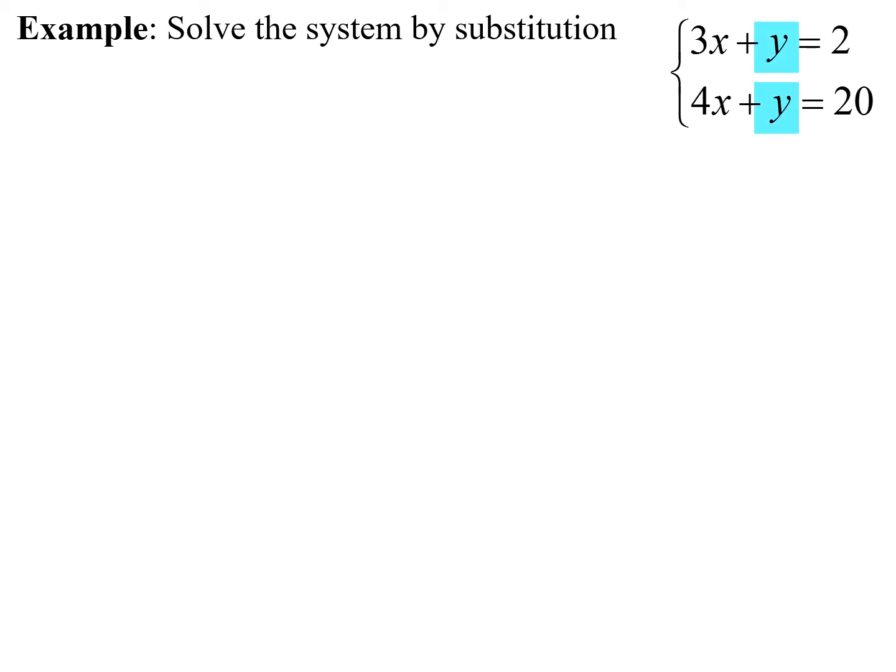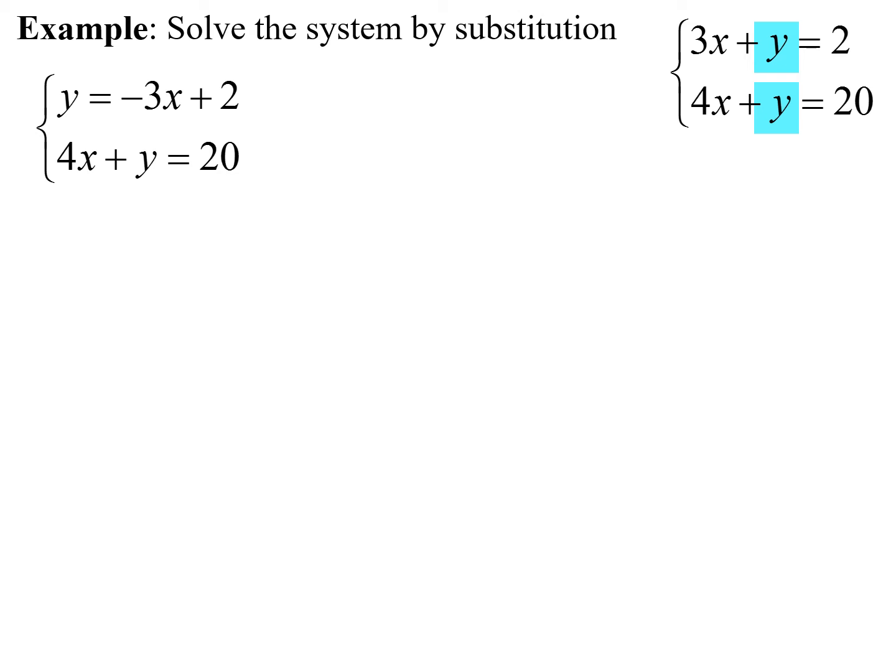So here I see y and y, but neither of them are y equals. So what I want to do is take that first equation and get y by itself. To get y by itself, I'm going to subtract 3x from both sides. So that becomes y equals negative 3x plus 2, and the second equation is 4x plus y equals 20.